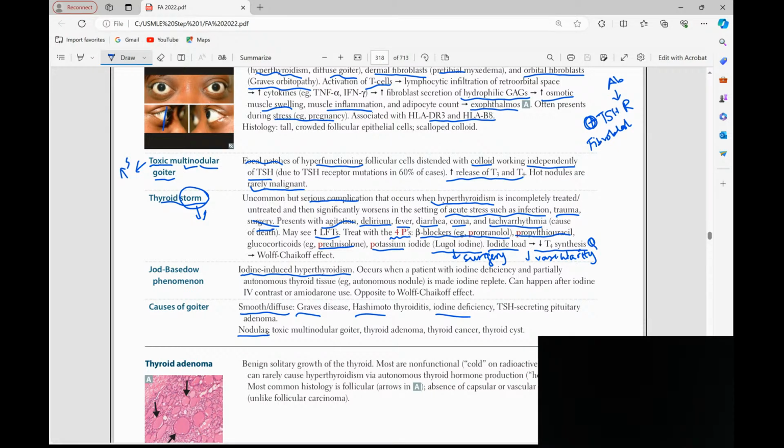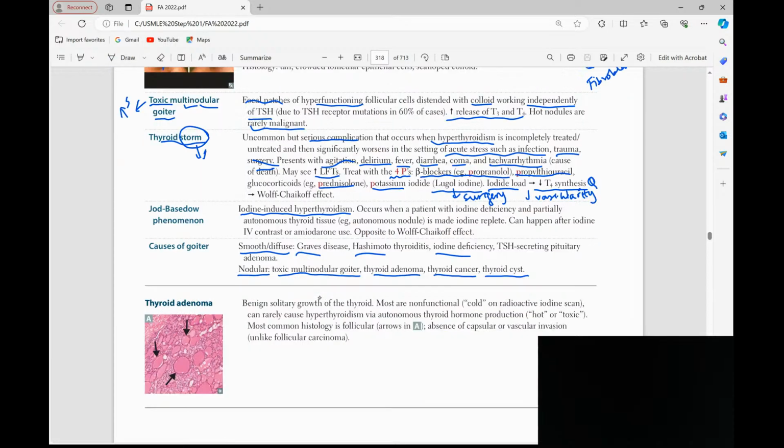And if it is nodular, toxic multinodular goiter, thyroid adenoma, thyroid cancer, thyroid cyst. So when it is smooth, we don't need to be much worried, because in most cases it is not that much of a problem. But if it is nodular, then we need to find out the cause.